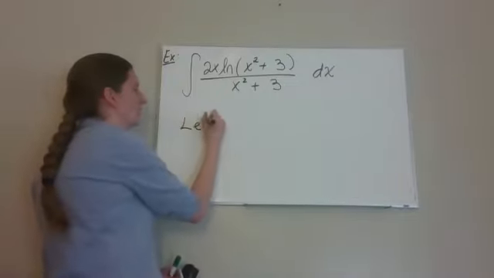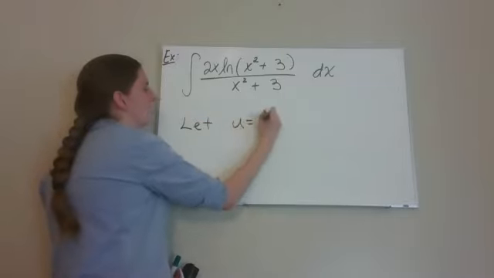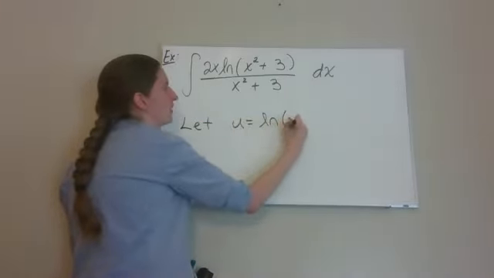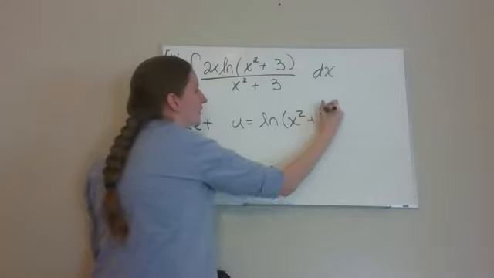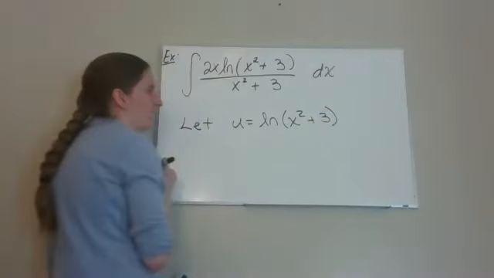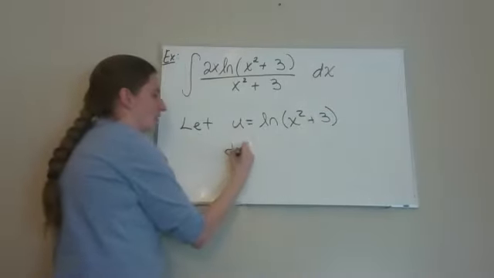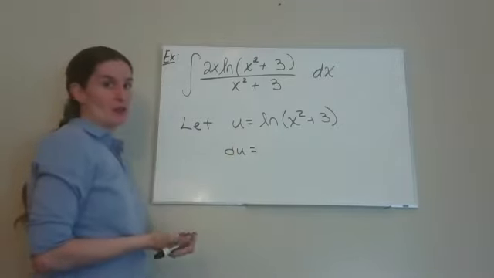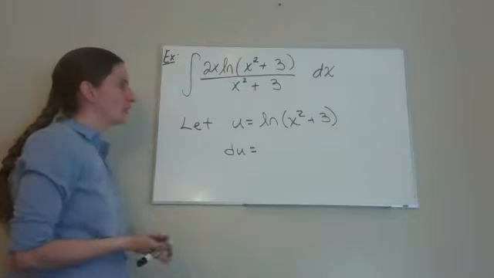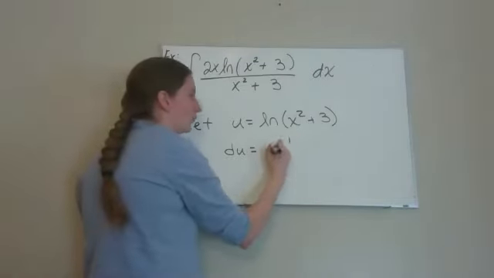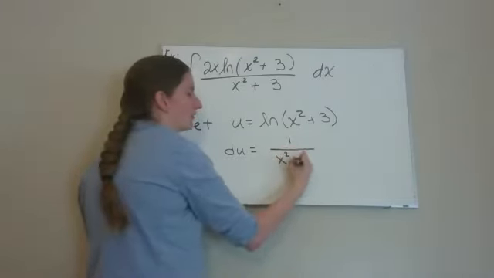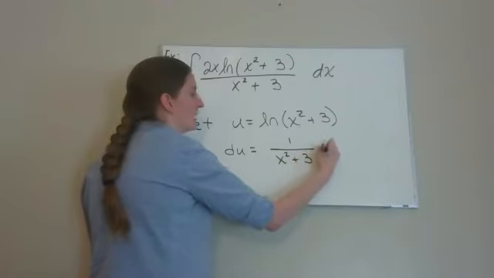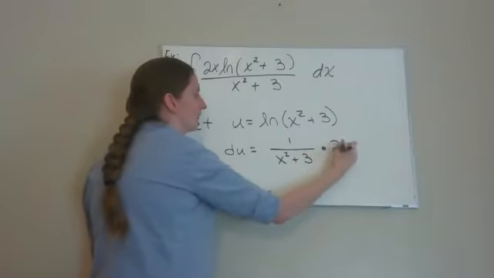So I'm going to let u equal that entire natural log of x squared plus 3. And now let's do our derivative. We have to do a chain rule on this derivative. The derivative of natural log of x squared plus 3 is 1 over the stuff in the parentheses times the derivative of the stuff in the parentheses.